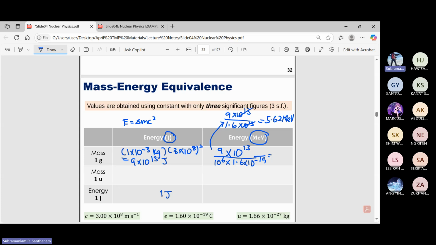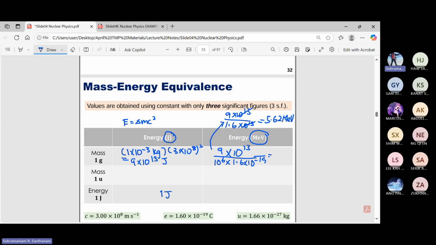If you are changing to electron volt, you don't need to divide by mega. It's just the charge of electron, so you change it to just eV. There is no mega involved. If it is MeV, mega electron volt, then you have the mega times the charge of electron you divide.